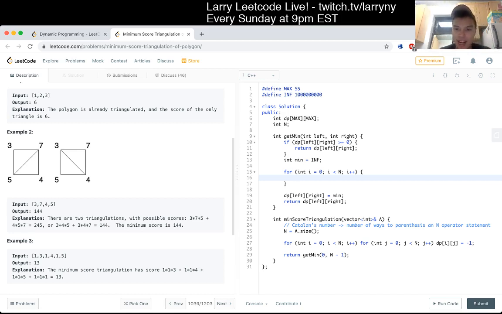Let's say you lop off I. What does that mean? Oh, sorry. I guess it doesn't matter if it's the first lop off or the last lop off. But let's say this vertex I is the last number standing in a triangle.